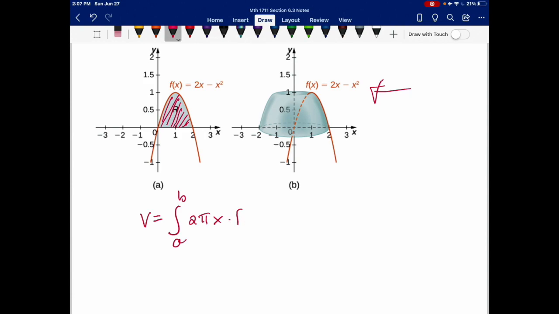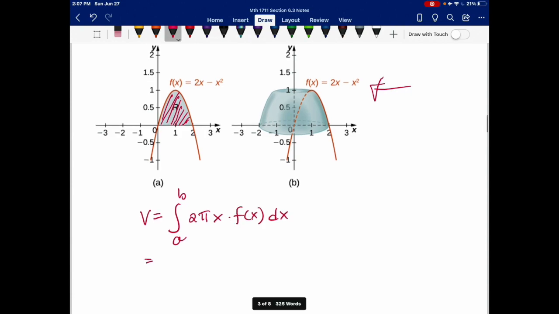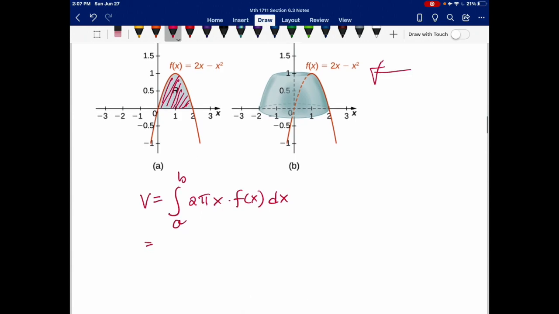So I'm going to use the formula that the volume is the integral from a to b, 2 pi x times f of x dx. So I have the interval from 0 to 2.